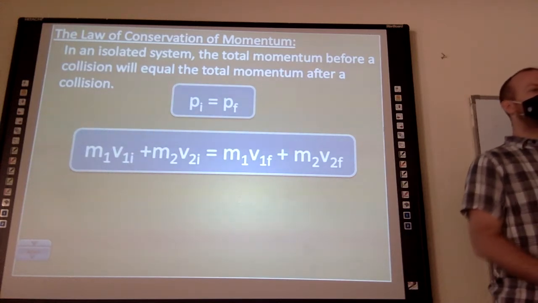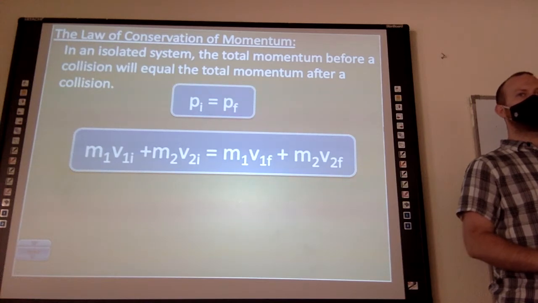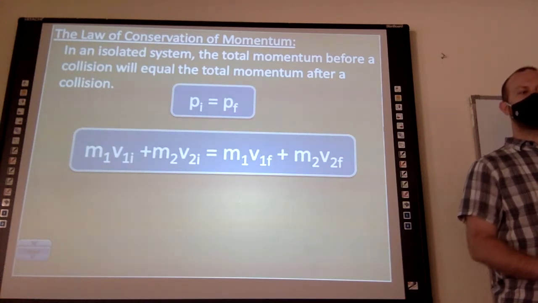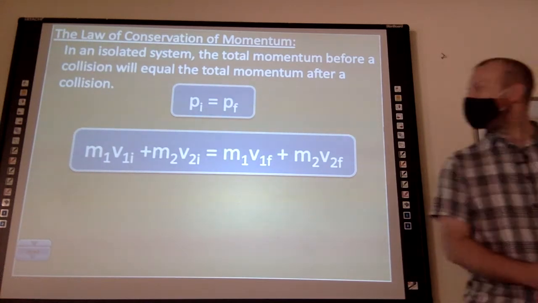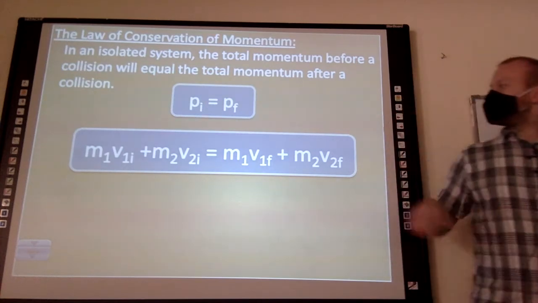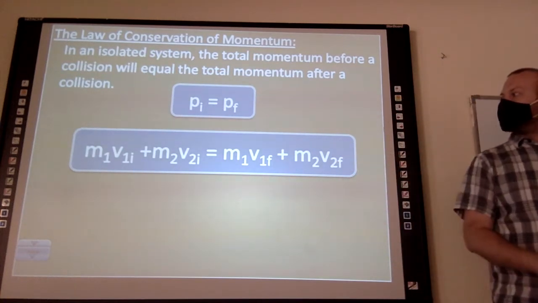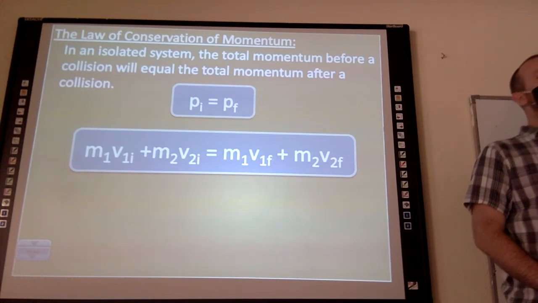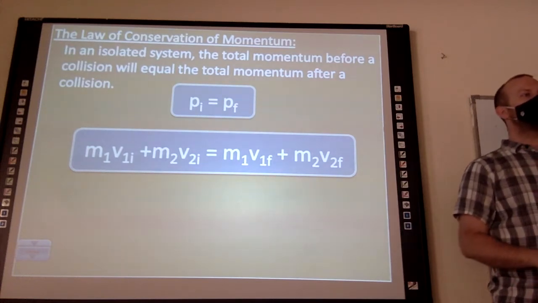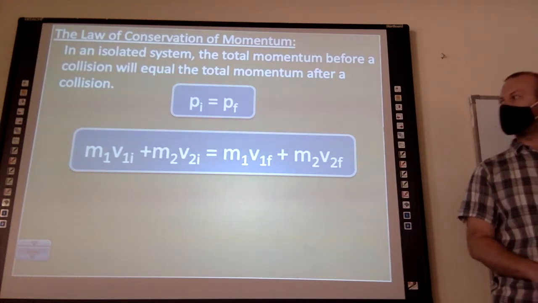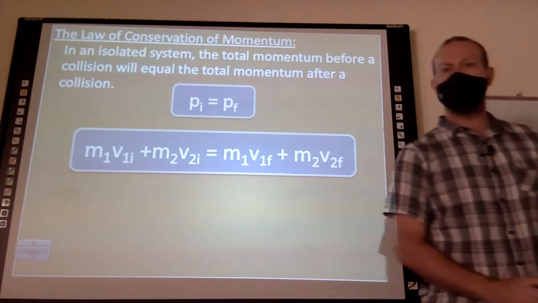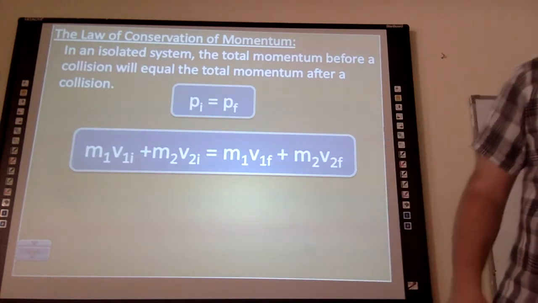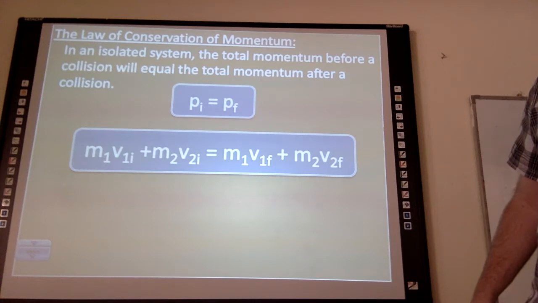So momentum 1 initial plus momentum 2 initial is equal to momentum 1 final plus momentum 2 final. So this is the equation that you've got on your formula sheet. Now this can adjust depending on the situation, if objects stick together or if they don't stick together. We'll show you some examples of each of those. But you'll be using this exclusively.